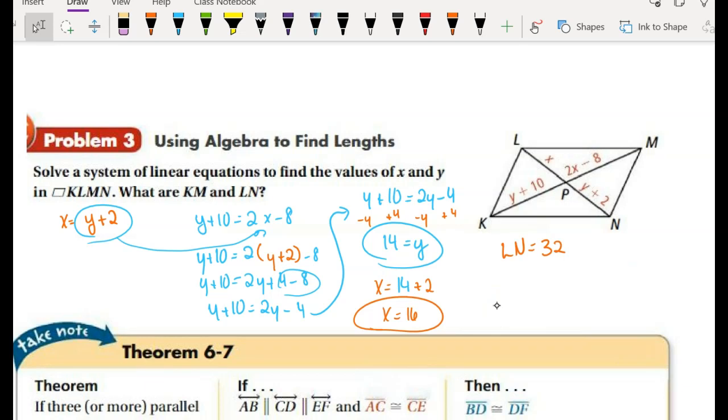And now I need to find y. So I'm going to use this one. 14 plus 10 is what? 24. 24 times 2 is 48. So I know that KM is equal to 48.